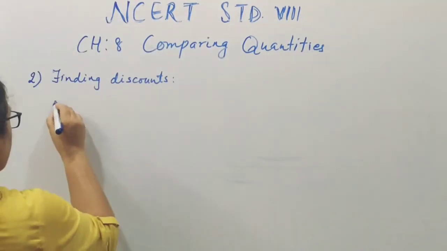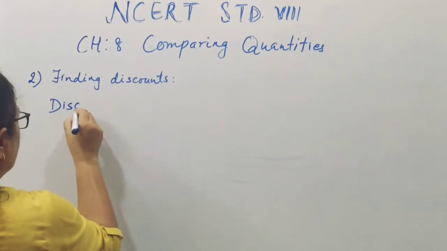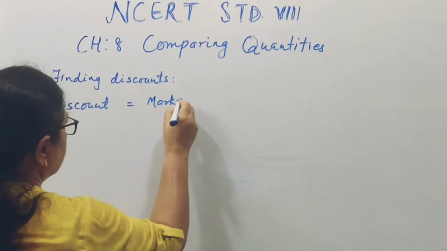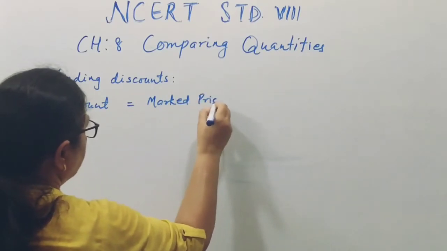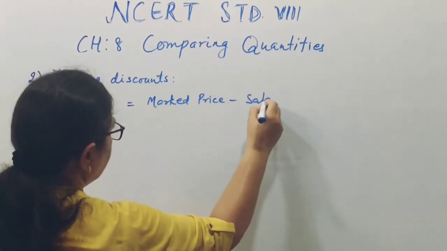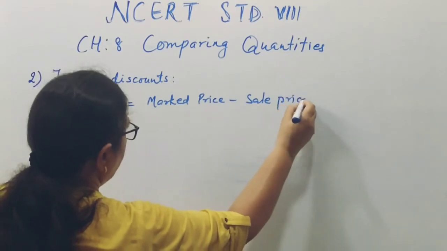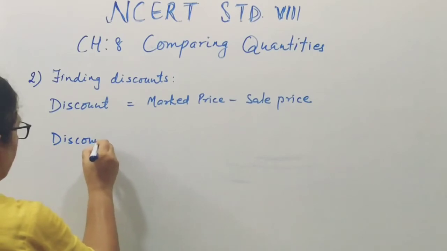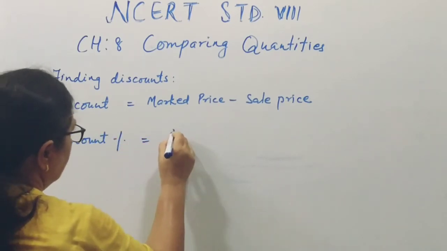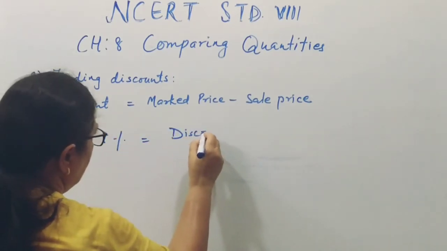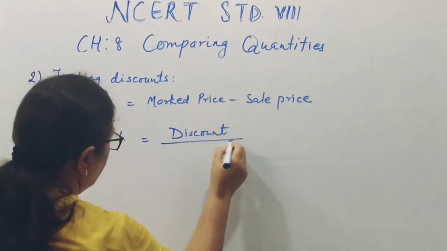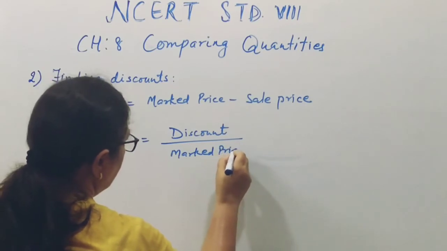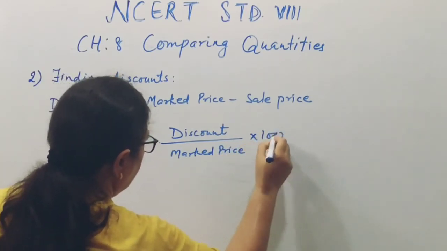So what is discount? Discount is marked price minus sale price, and discount percent is discount upon marked price into 100.